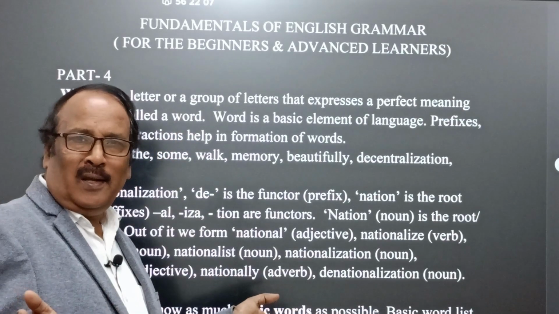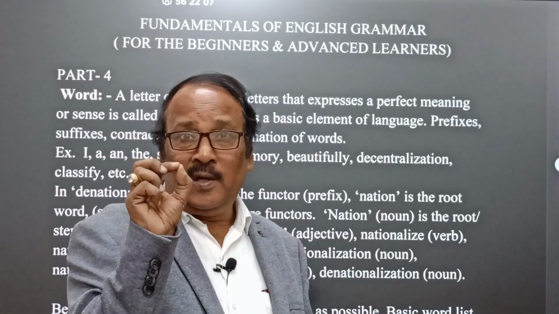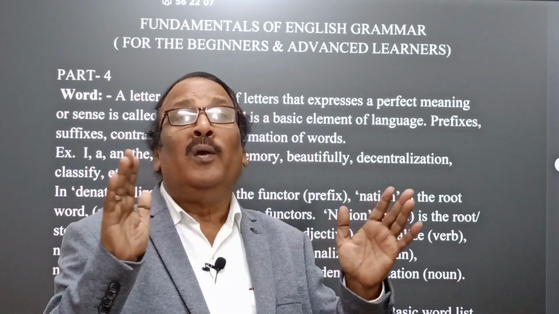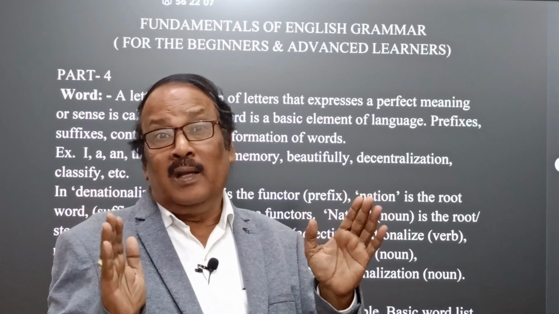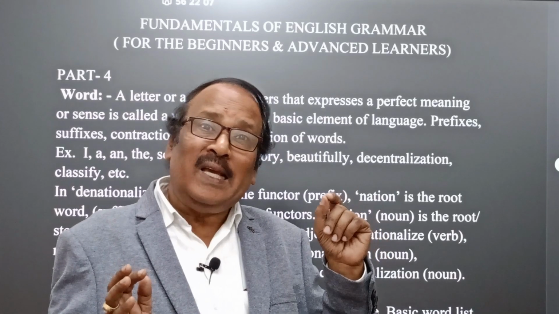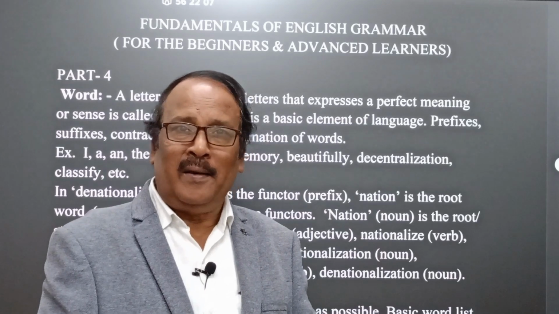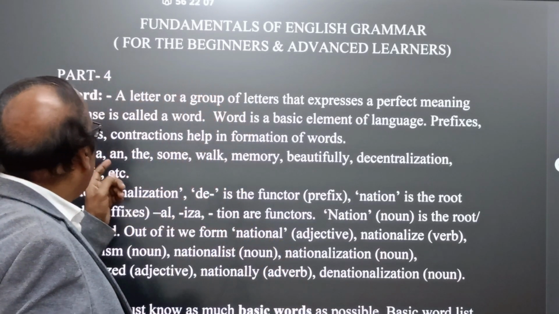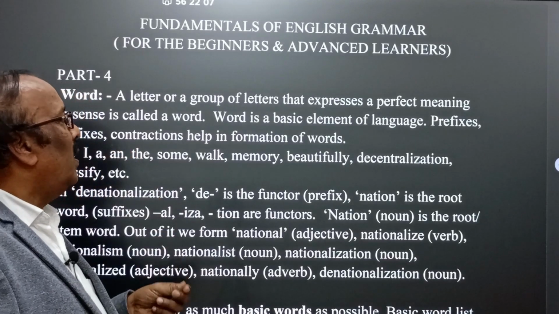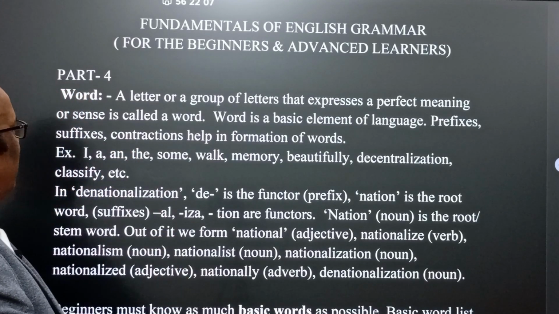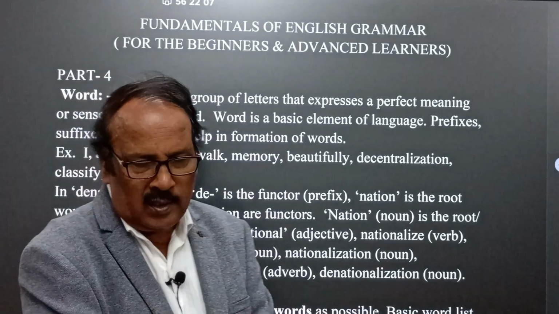It may consist of a few letters or a number of letters. So definitely that should express some sense or meaning. Otherwise, we cannot call it a word, right? And here we find that a word is a basic element of language. Prefixes, suffixes, contractions help in formation of words naturally.